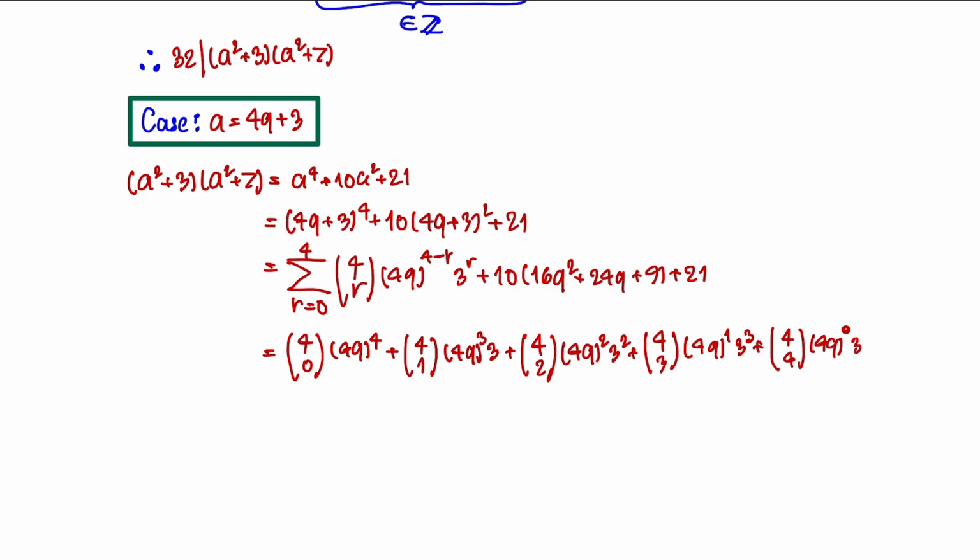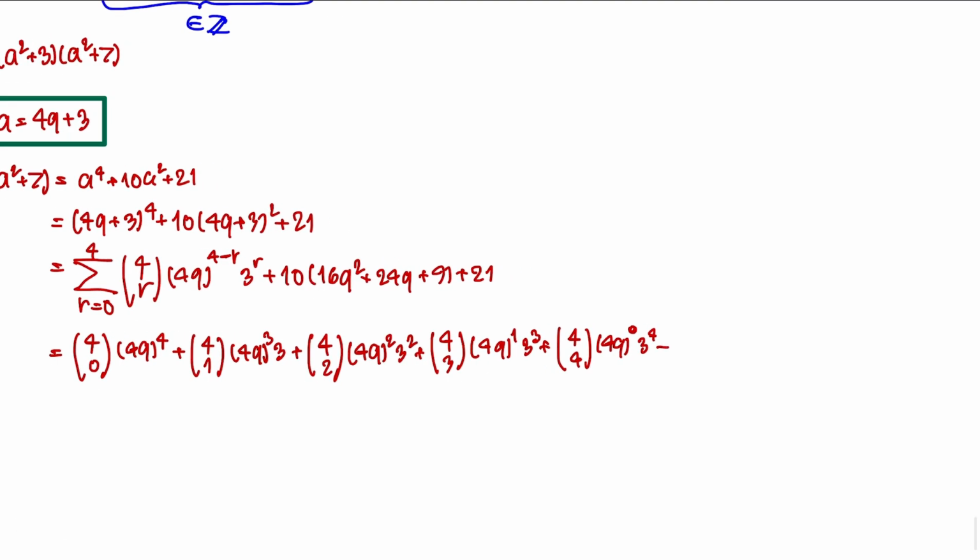And then we have 3⁴, plus this term. So it's going to be 160q² + 240q + 90 + 21.